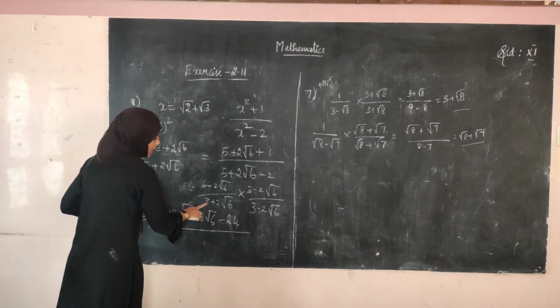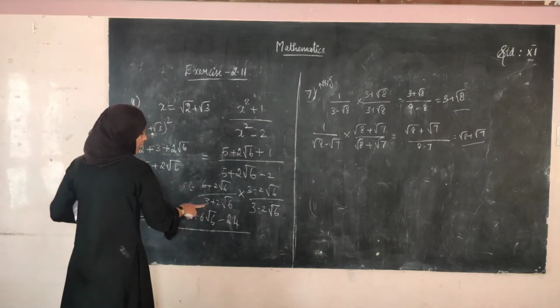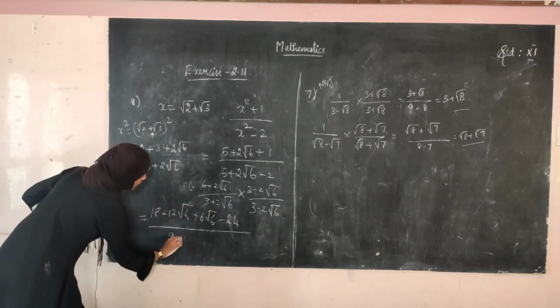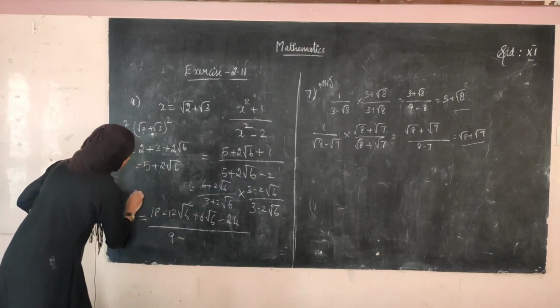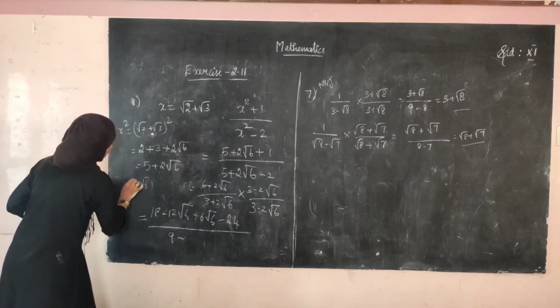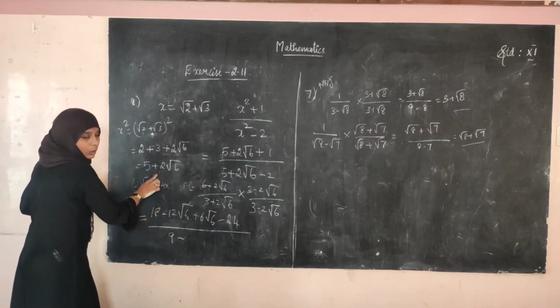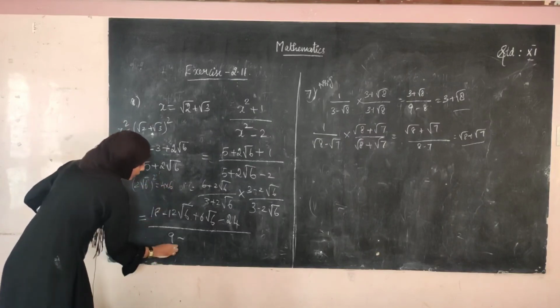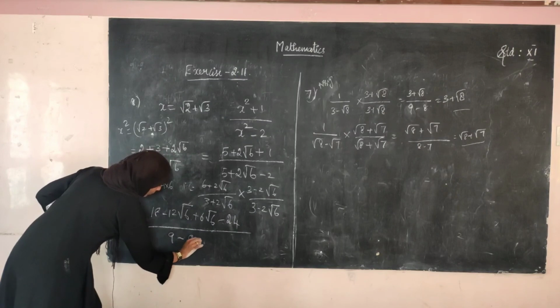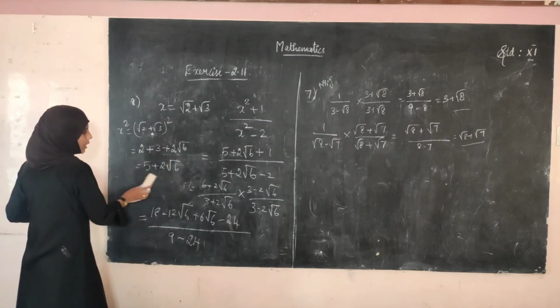Divided by, see here, the a plus b into a minus b formula: a square is 9, minus 2 root 6 the whole square, which is 2 square, 4, into root 6 the whole square, 6. 6 4 is 24.